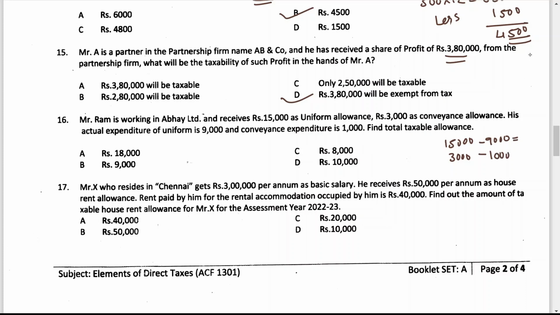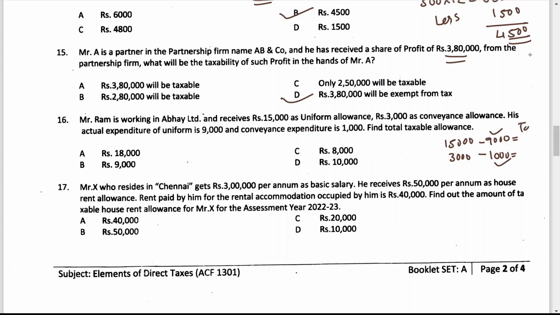And this is a case of allowances in which how much you spend and how much you have received, whichever is lower will become your exemption. So 15,000 and 9,000, what is your exemption amount? 9,000. 3,000 you have received for conveyance allowance, and how much you have spent? 1,000. So that will become your exemption.